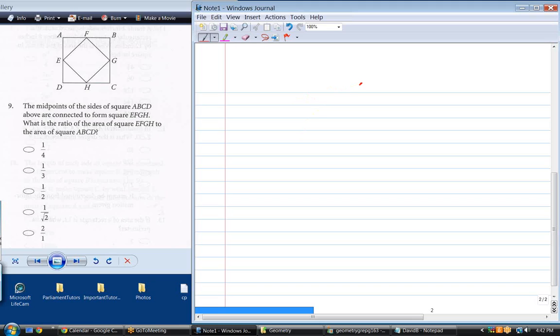What we need to examine is one of these little corner triangles. This one right here. Is that a 45-45 or a 30-60-90 triangle? Is it one of those special triangles? It's a 45-45. Yeah.